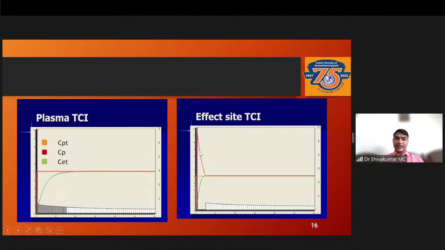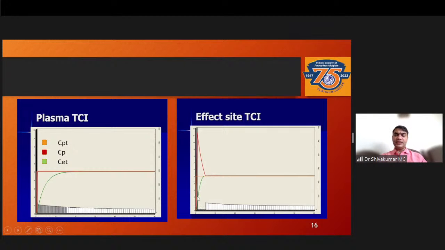Here you can see this red line and orange line. These are plasma concentration and plasma target, and this is the effect site target. You can see there is a plasma overshoot, the red color, an overshoot of the plasma target. It has reached almost 11 micrograms, and the time taken to reach the effect site target is much lesser.